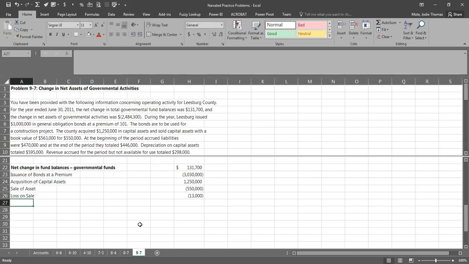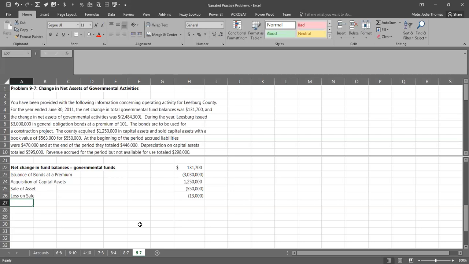On the for-profit side, if you think about a statement of cash flows using the indirect method, you have to calculate the change in a whole bunch of asset and liability accounts.